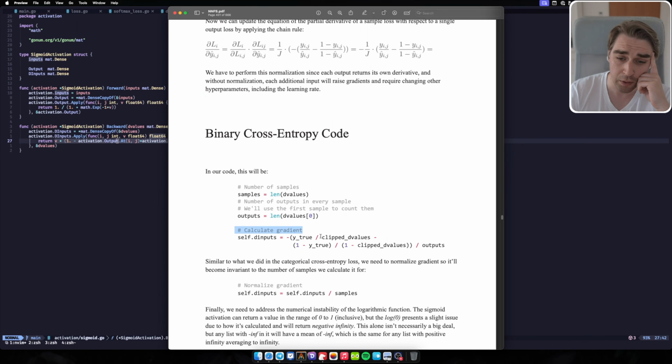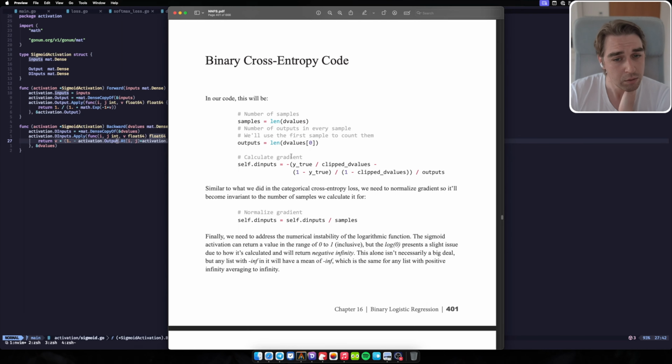Then we calculate the gradient. The true probability is divided by clipped d values and then minus the opposites, divided by outputs. And all of this is divided by the outputs to normalize.